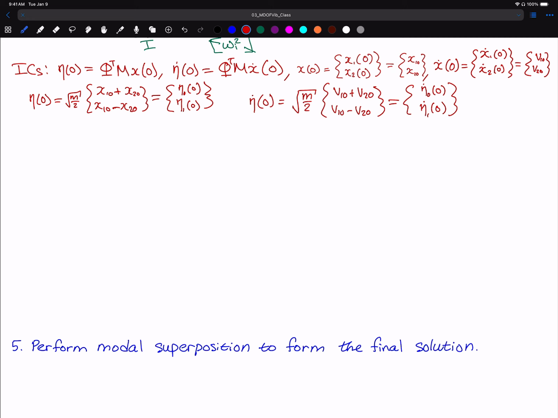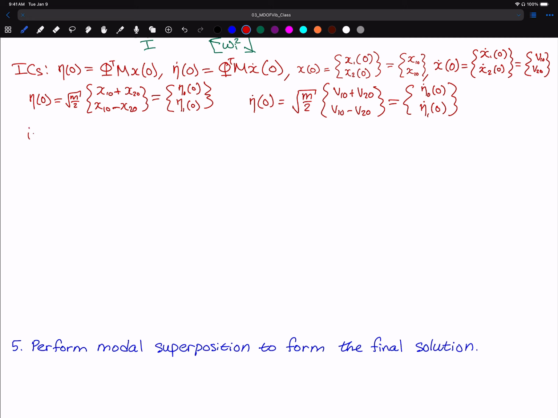So those are our initial conditions. Each entry in the column represents an initial condition for one of the modes. We now want to solve each of these modal equations, and then plug in our initial conditions.